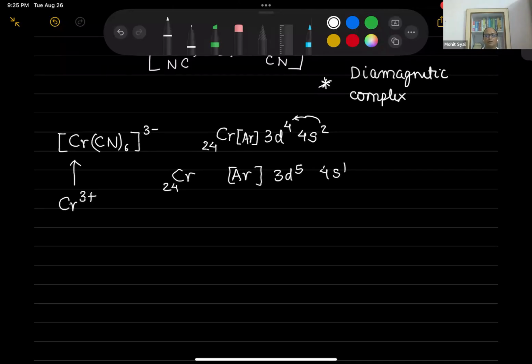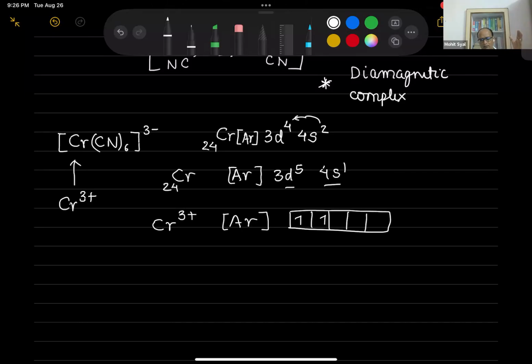Chromium +3 means I need to remove 3 electrons: 1 from 4s and 2 from 3d. So chromium +3 is going to have just 3 electrons left in the 3d, because I removed 3 electrons, 1 from 4s and 2 from 3d.